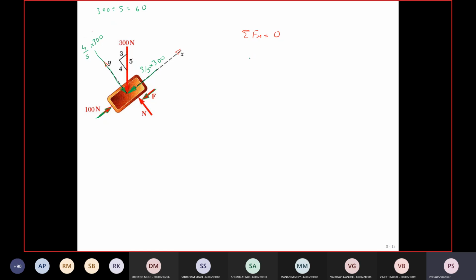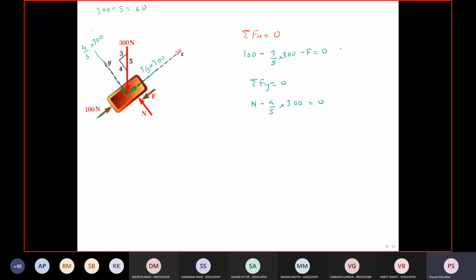So now I write the equations of equilibrium. Summation Fx equal to 0: 100 minus 3 by 5 times 300 minus f is equal to 0, and summation Fy equal to 0: N minus 4 by 5 into 300 is equal to 0.